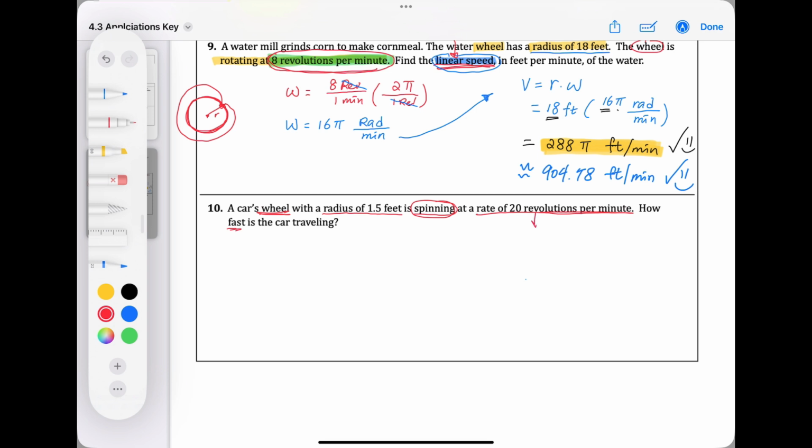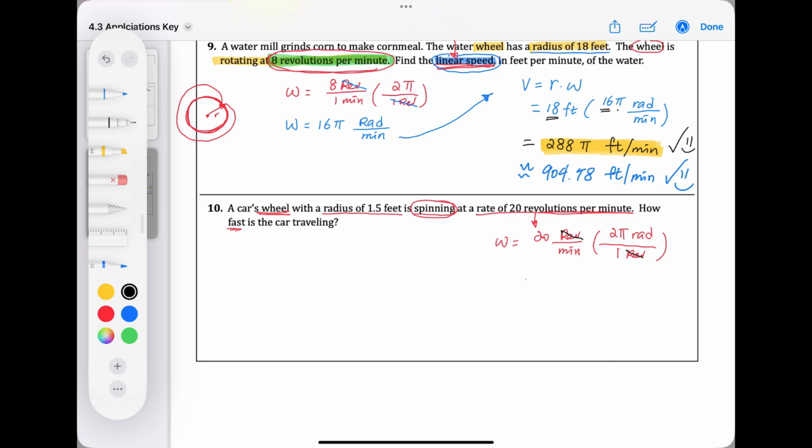So now step one, I'm going to change that to my revolution, knowing that the W given to me is 20 revolutions per minute. Okay, now I'm going to convert that to radians. So recall 2 pi radians will be 1 revolution.